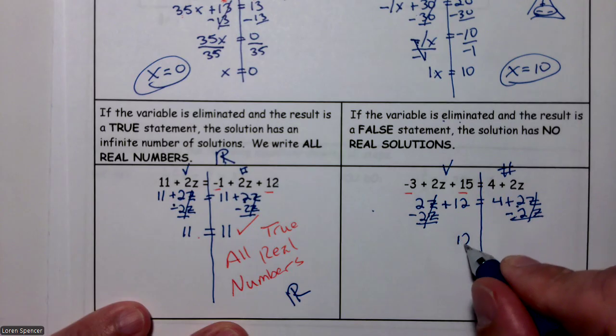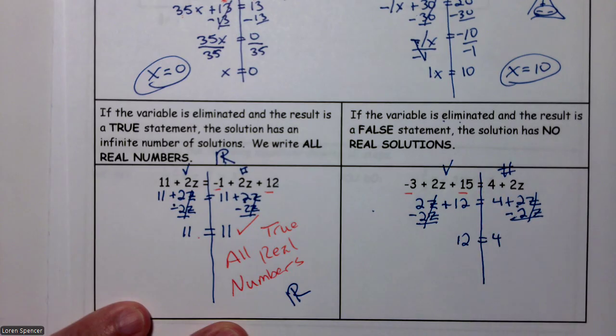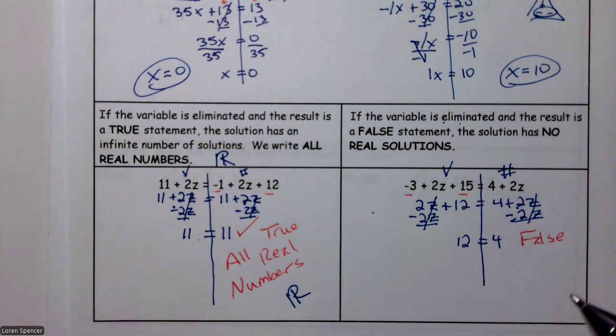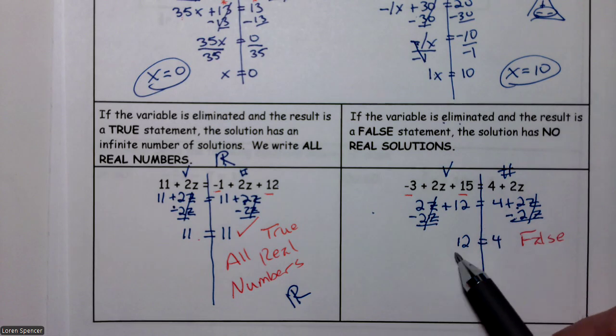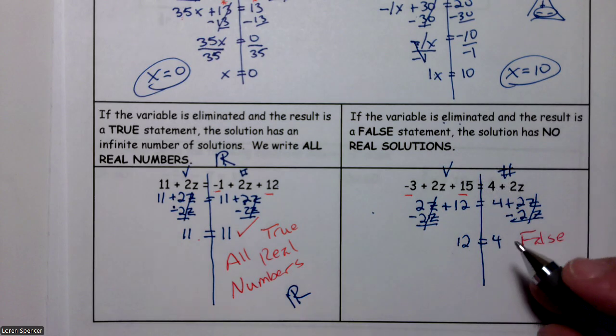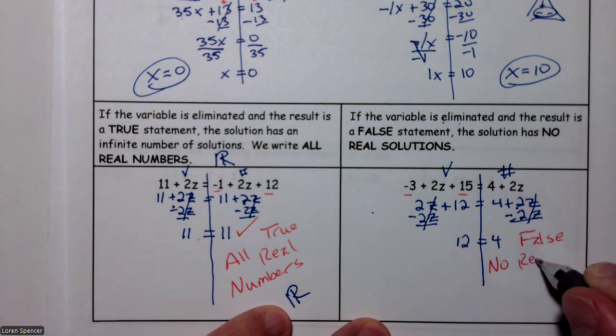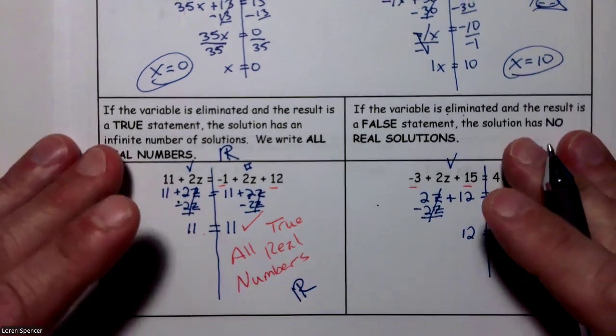So I end up with 12 equals 4. Well, that's false, because 12 does not equal 4. If I have $12, that's not equal to someone having $4. So when we get a false statement with no variables, our answer is no real solutions. All right, there's no real solutions.